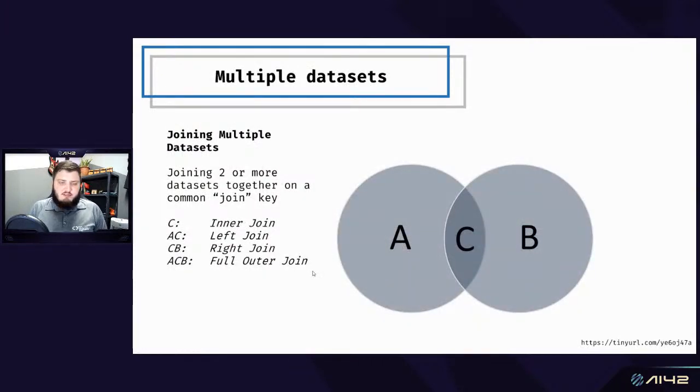So now let's go a little bit deeper, and this is the part where most people get lost, but it's not very tricky. When you're working with more than one data set, up until this point we used one table. Most of the time you will be using more than one table to work with your data.